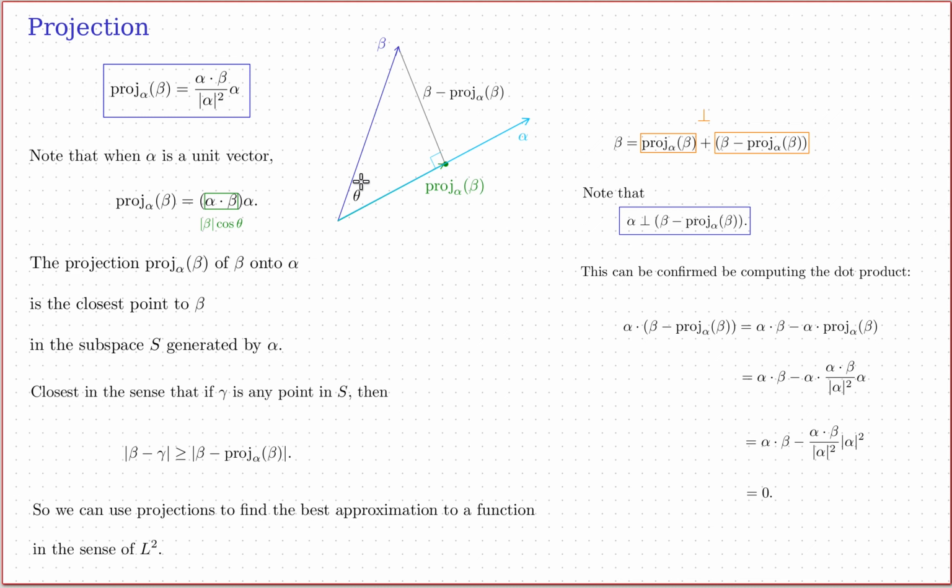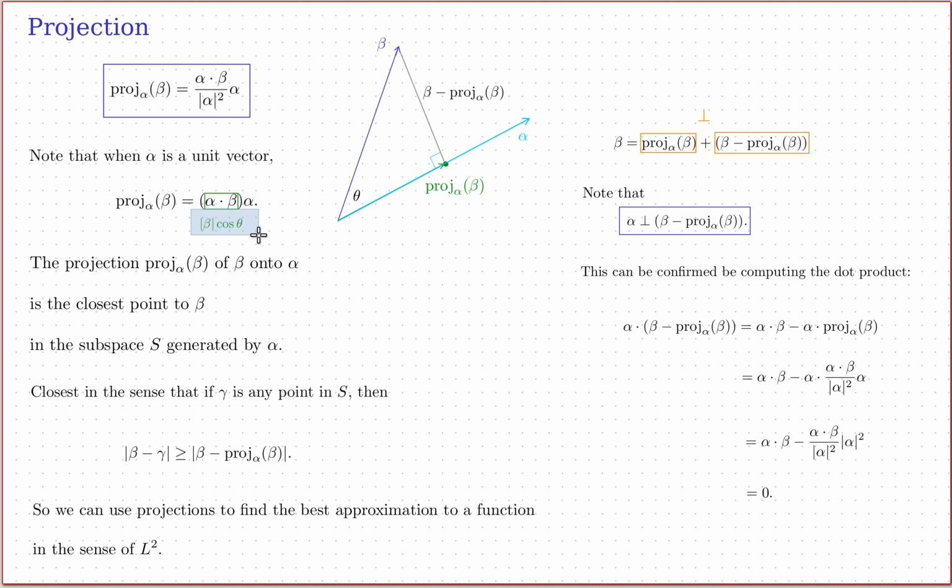Now, in the case when alpha happens to be a unit vector, then the formula becomes simpler. If alpha is a unit vector, then the magnitude of alpha squared is just 1, so this formula just becomes alpha dot beta times alpha, right? And this is an easier version to think about. I usually prefer to think about dotting onto a unit vector because the formula is easier, and also it's just easier to think about it.